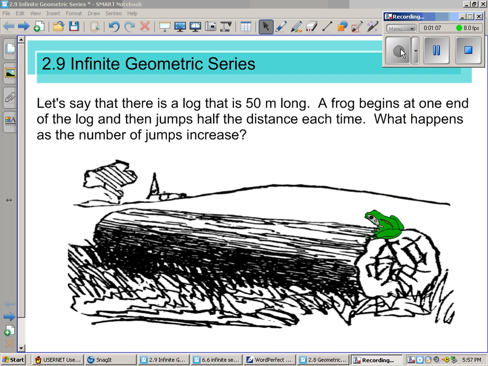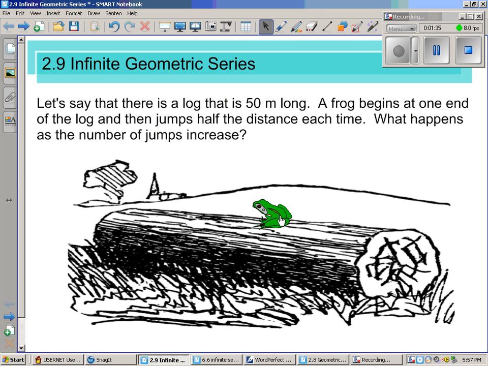All right, we're going to look at just the last little section, and it's a very short lesson. What we have here, let's say, is a log that's 50 meters long, and a frog at one end of it. The frog begins at this end of the log, and he's going to jump half the distance each time. On his first jump, this frog is going to be jumping 25 meters.